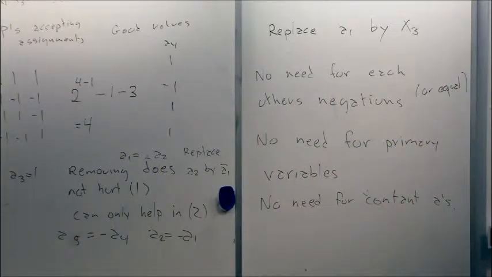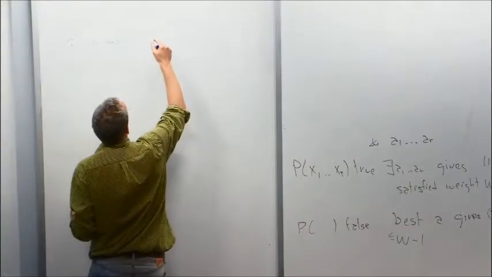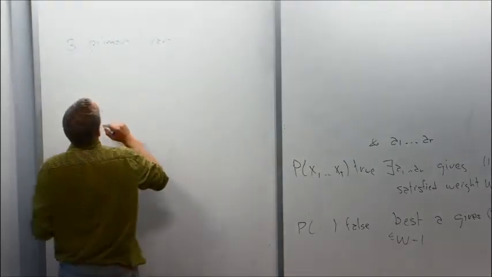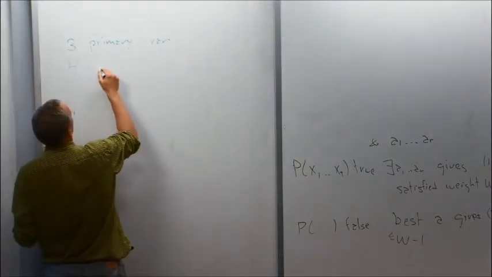So we have 3 primary variables. We have 4 auxiliary ones.